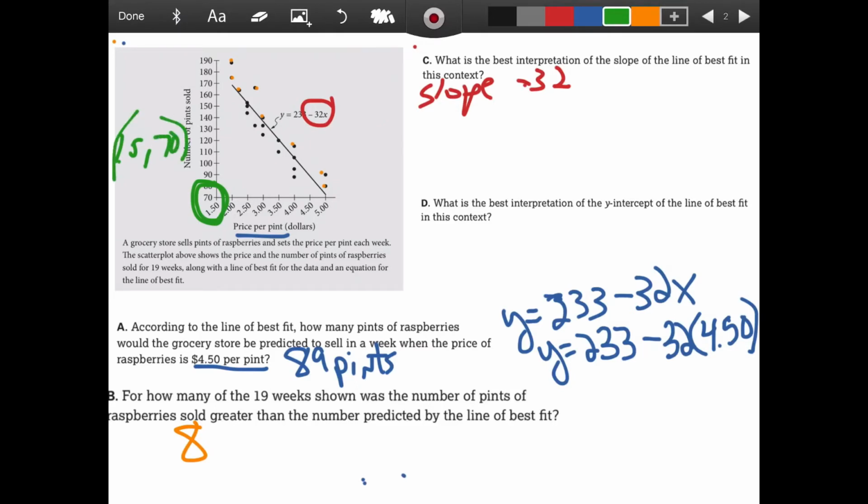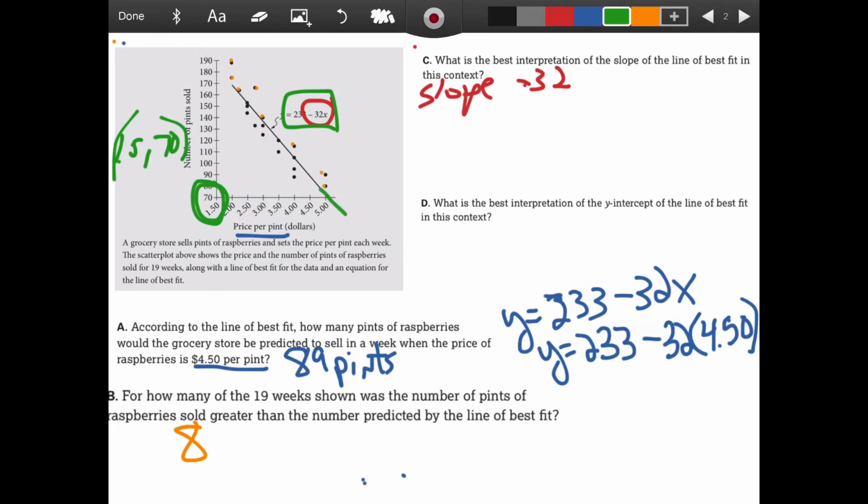Therefore, we have to keep that in mind. According to this model, the y-intercept means that if the store sold at $0 per pint, they're giving away these raspberries for free. 233 people would be expected to get free raspberries, which is not realistic.